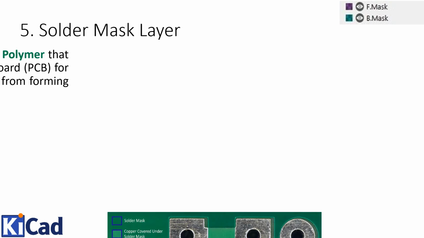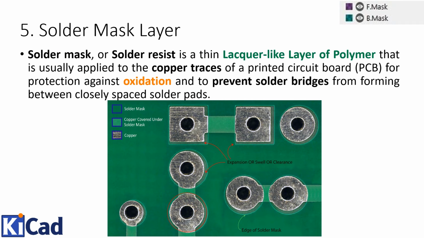The next is the solder mask layer. Solder mask or solder resist is a thin lacquer-like layer of polymer that is usually applied to the copper traces of a printed circuit board for protection against oxidation and to prevent solder bridges from forming between closely spaced solder pads. Over here you can see this green layer. It's actually the solder mask layer.